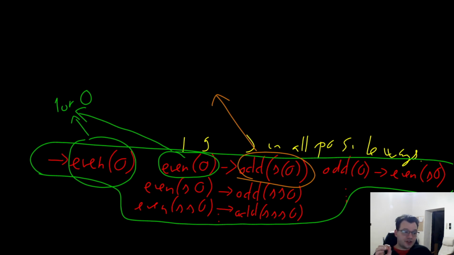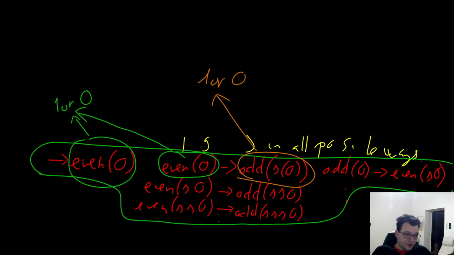In our first example, s of 0 was 1. In our second example, s of 0 was 2 times 0, which is 2. But this is one particular object for which the predicate denoted by odd either holds or not. So this will also be something which is either 1 or 0.